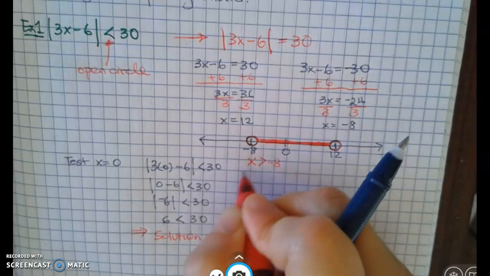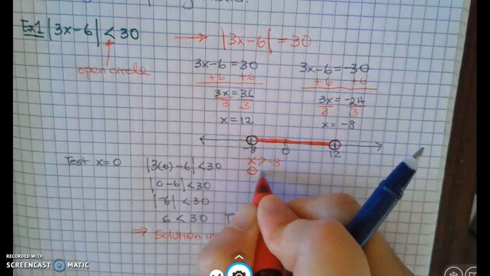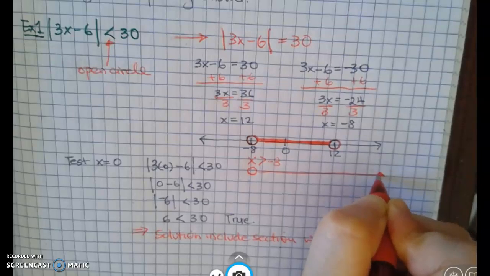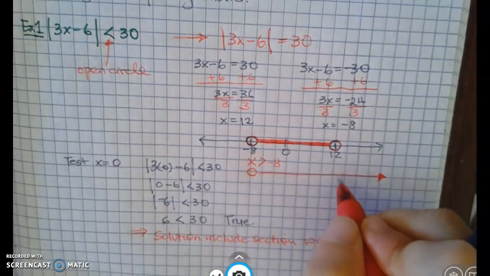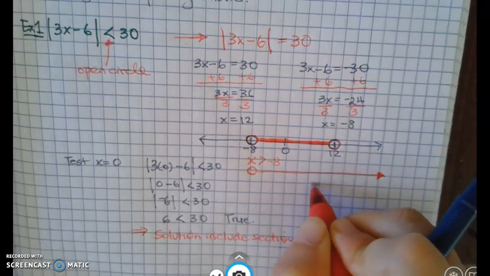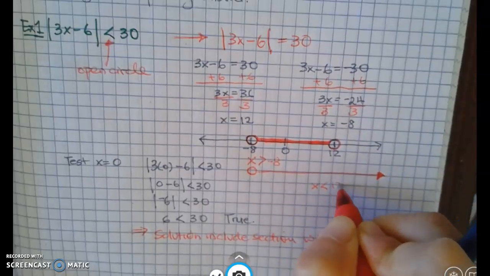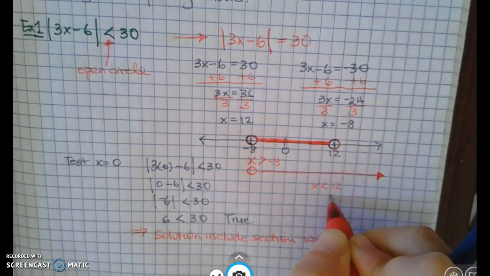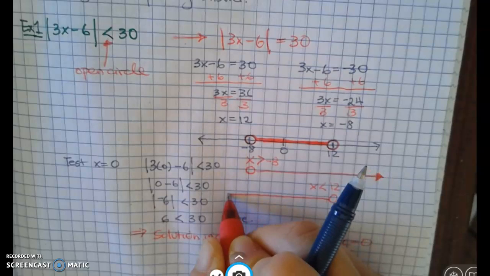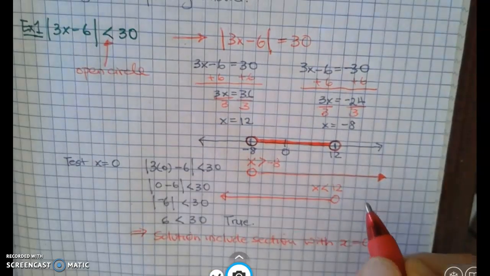So that would shade all the way like so. But that is not the only condition. We also have this 12, so that means 12x is less than 12. So x is less than 12 means we are shading this section all the way going to the infinity.